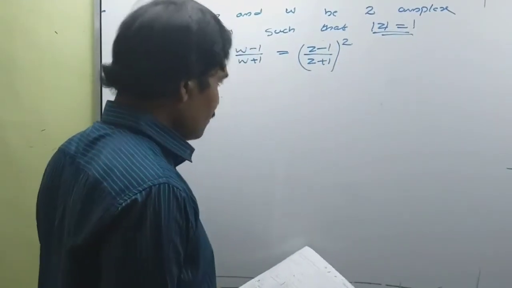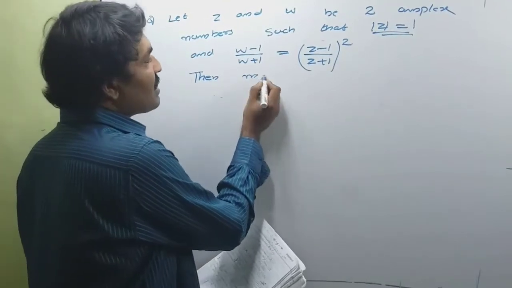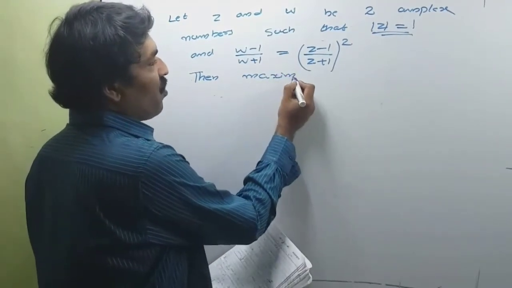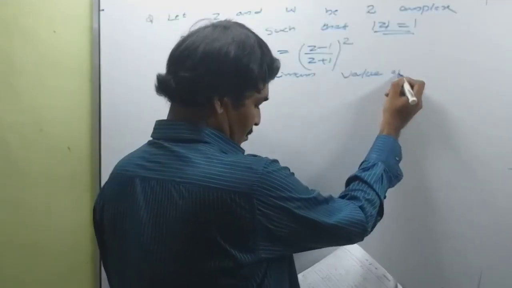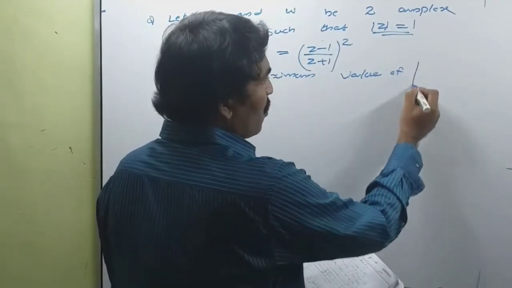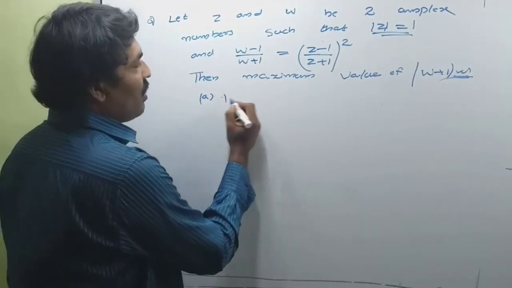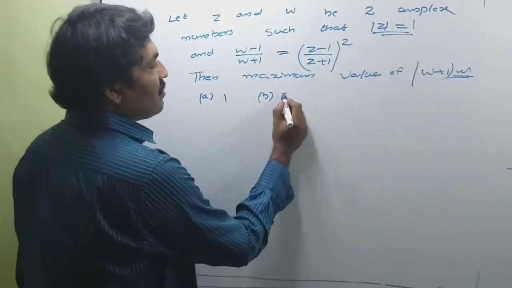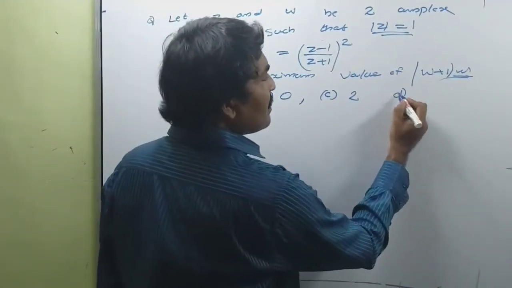Then the maximum value of mod (W plus 1) is: A is 1, B is given 0, C is given 2, and D is given 9.